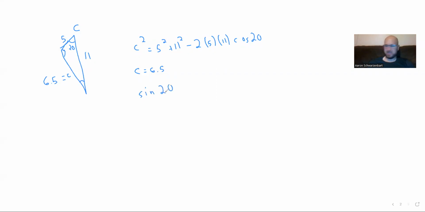So now I've got sine of 20 over 6.5 equals sine, let's call this A, sine of A over 5.